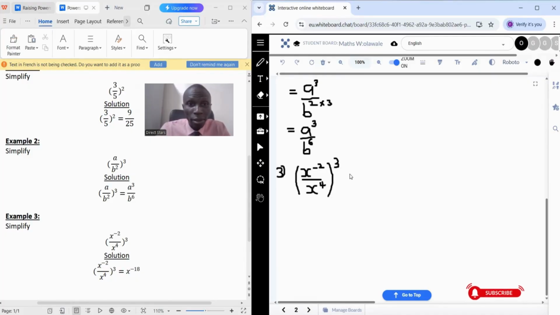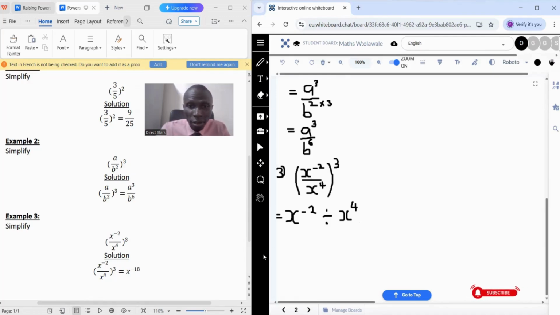So applying the rules of indices, we're going to have x raised to the power minus 2 divided by x raised to the power of 4. Since they have the same base, we just have to subtract the powers.